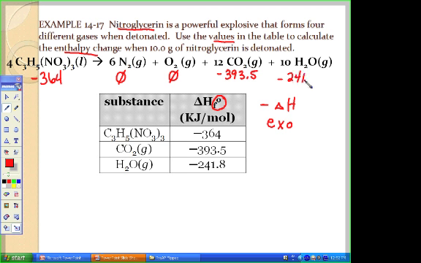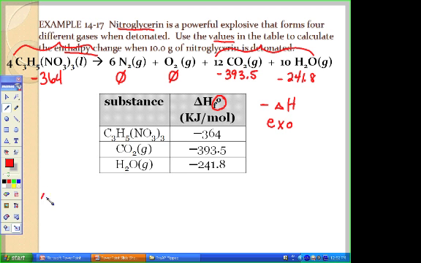Minus 241.8 for the water, for gaseous water, and it's going to be our products minus the reactants. Always final minus initial, with one exception that you won't come across till we get to AP Chemistry.